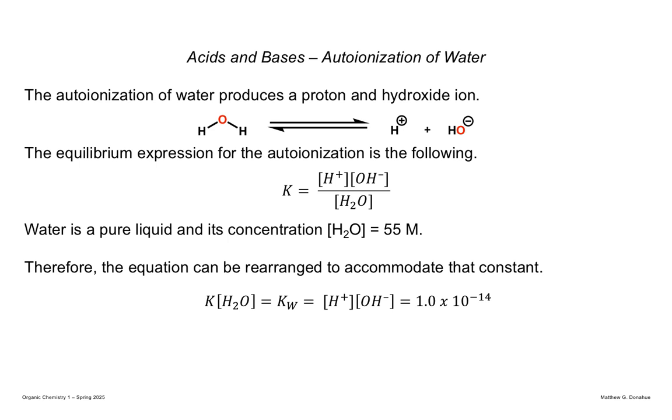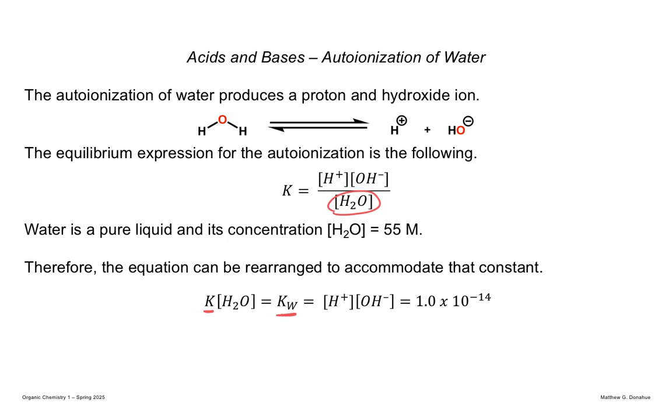So the new thing on this slide is basically, see this term here? Since that term is a constant, basically what we're going to do is multiply it by both sides, and then we just fold it into the K value, and then we define it as KW.